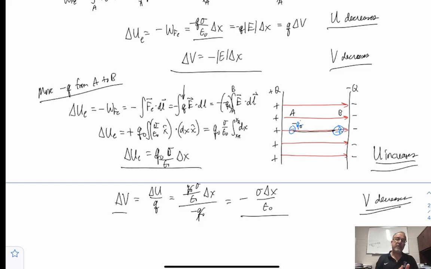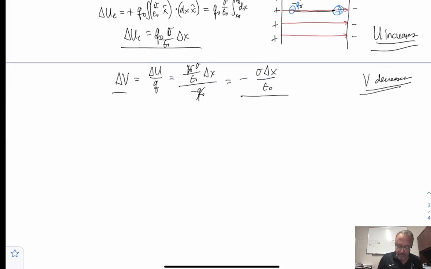The potential energy increases because I've got a negative charge moving from A to B. If it was a positive charge moving from A to B, the potential energy decreases. But the potential decreases no matter whether I've got a positive charge or a negative charge. So the potential depends on the E field, but not on the test charge.